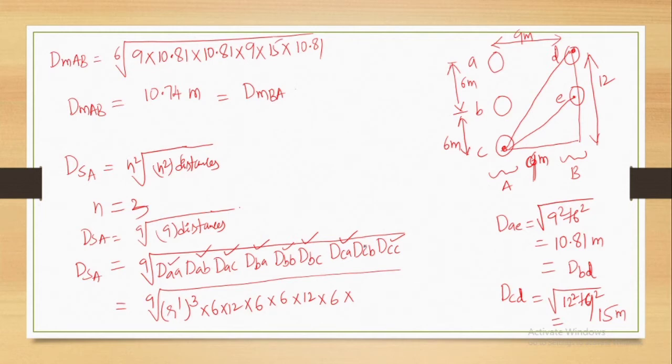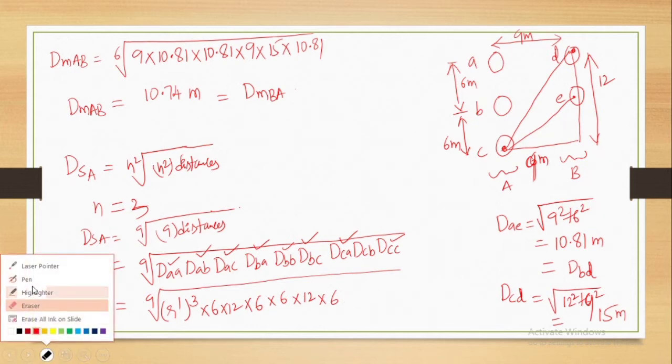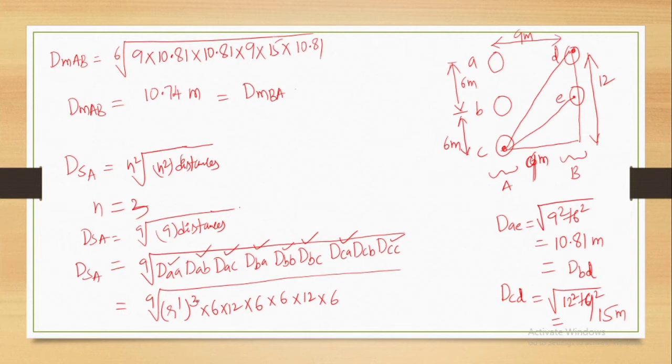Right? Let me erase this. Already 9 distances we got. These are the 3 self distances, A to A, B to B, C to C, which is R dash, and 1, 2, 3, 4, 5, 6, totally 9.